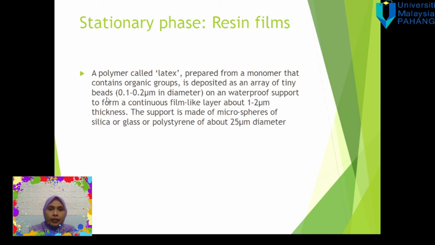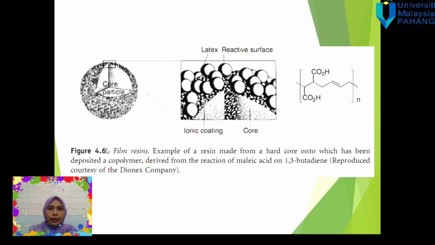This is if the material is the resin films. This is the size, and this is how they coat the resin films with the charge. You can see the ionic coating on the latex surface, and this can be used as one of the materials for the stationary phase in IC.